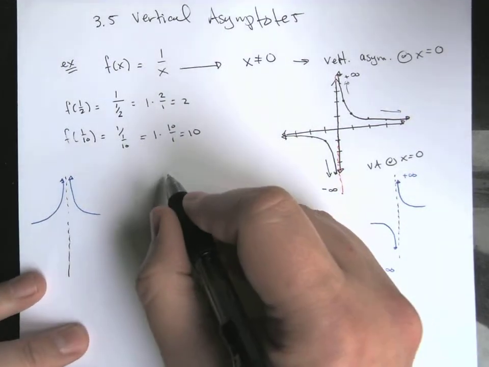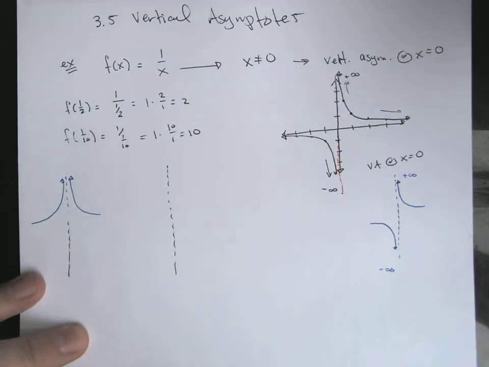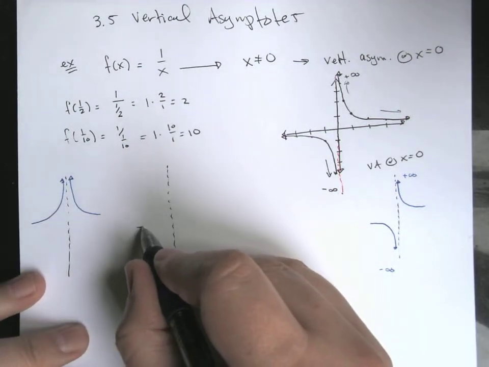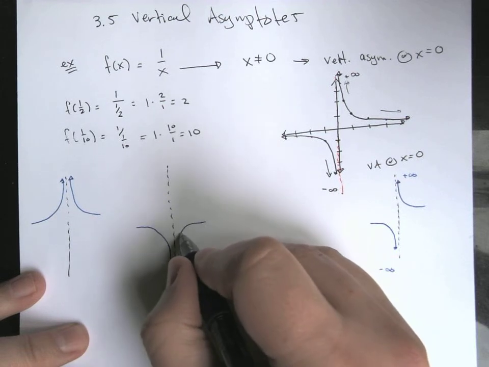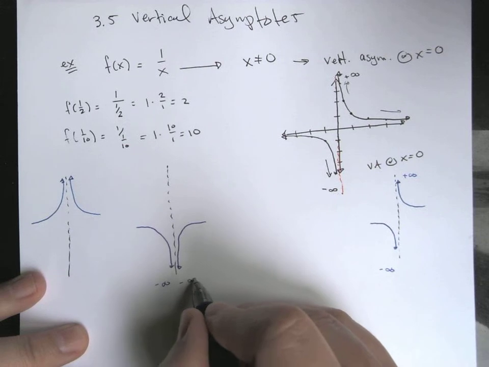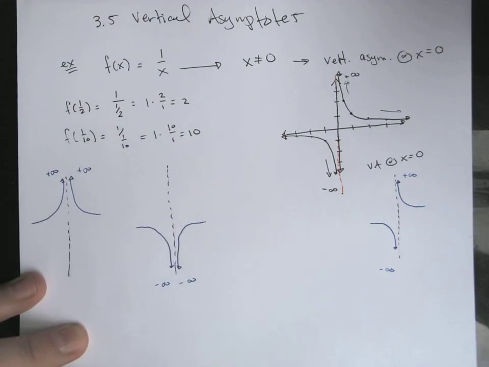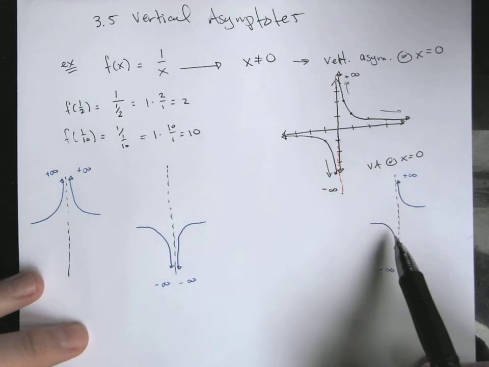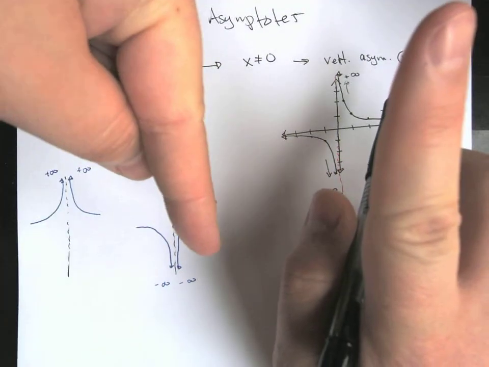This is a similar kind of breakdown of options to our end behavior from 3.2. You could have something where they both are coming in and then they get pressed downwards, a negative infinity and a negative infinity. This would be a plus and a plus. This is our disco option, where they're heading in opposite directions.